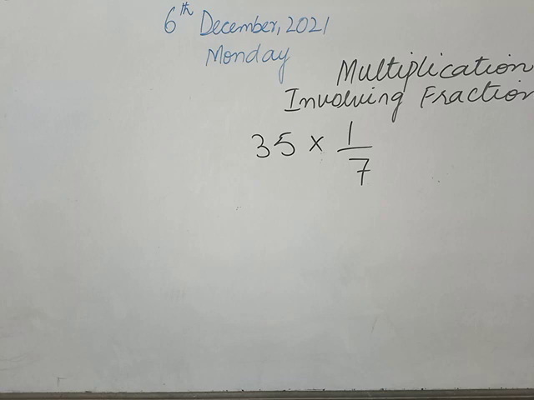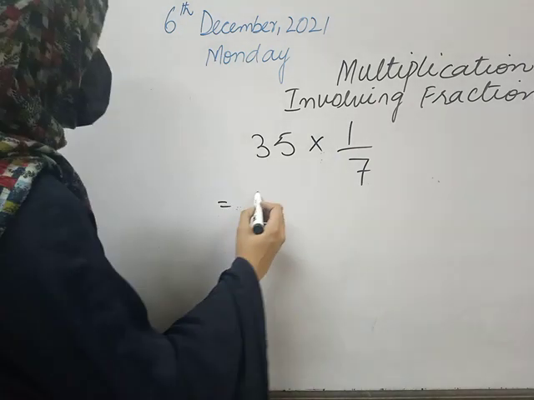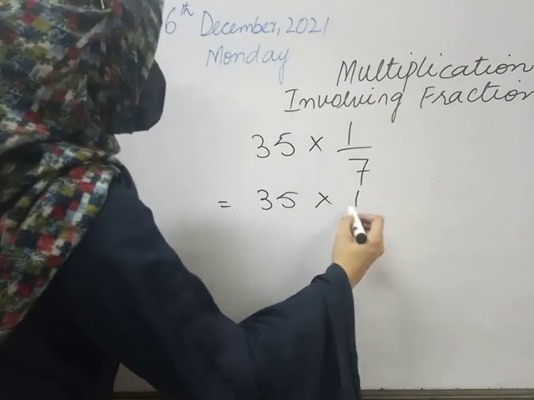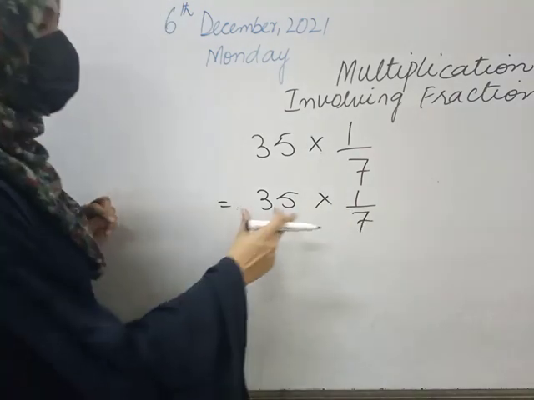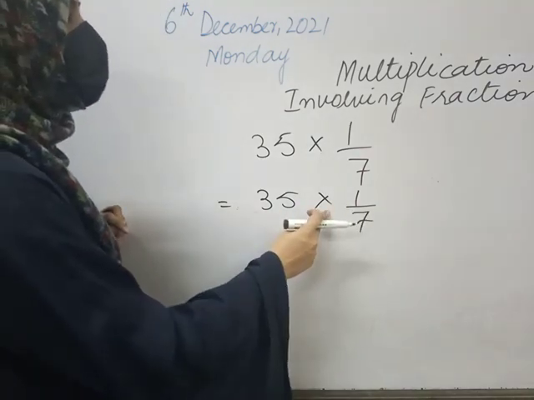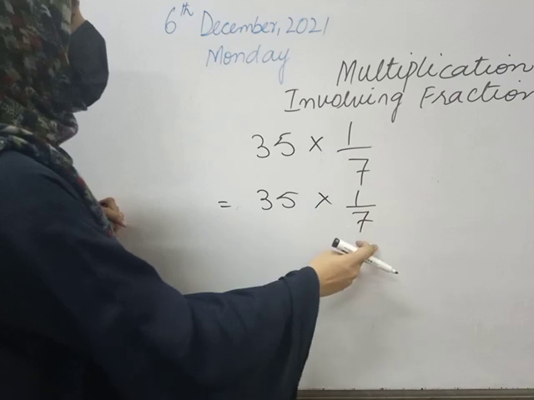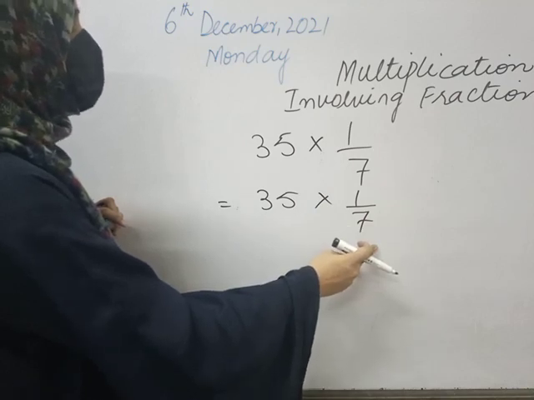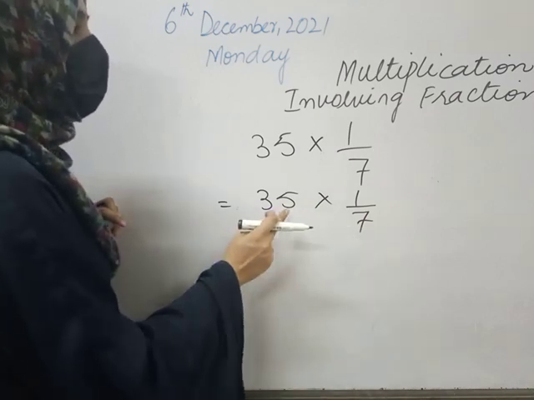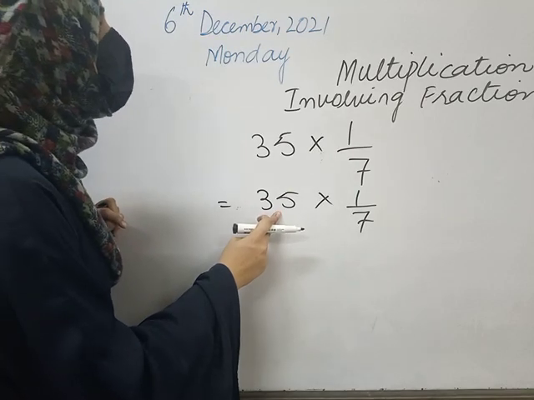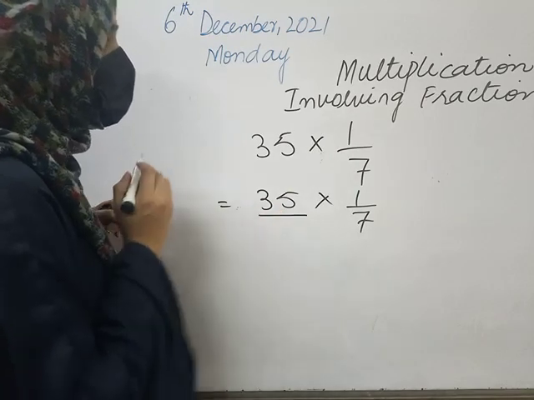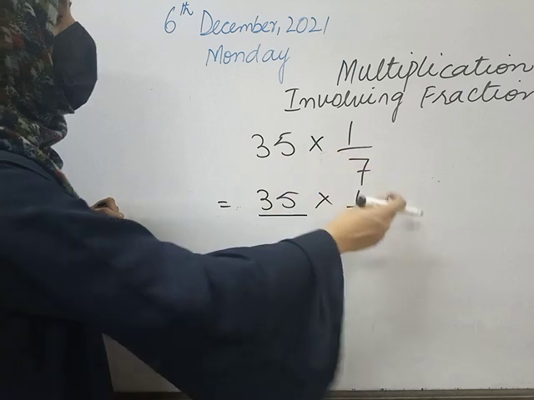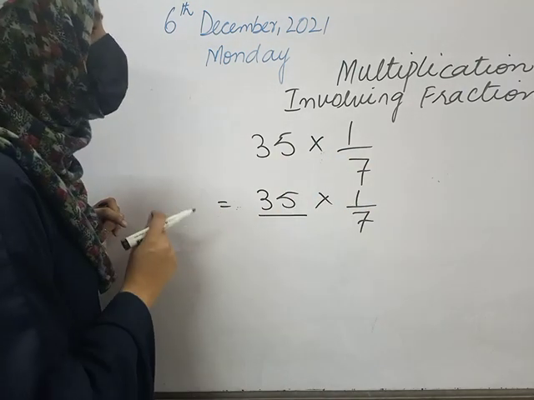Very good. First of all, in the next step we will write it as it is: 35, then a sign of multiplication, and then the fraction 1 by 7. Now, as usual, we have a whole number, and on the other side we have a fraction.